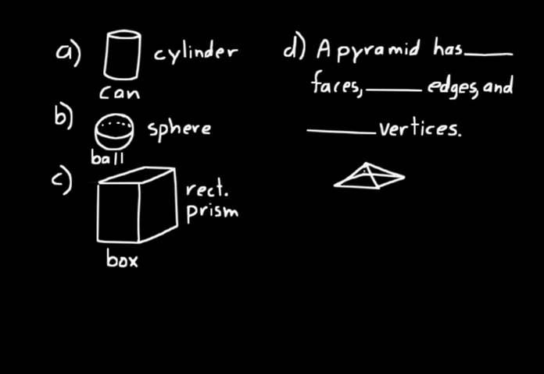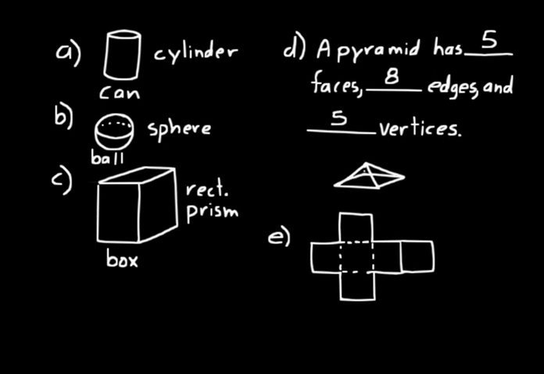Some of those are hidden from your view, but you should be able to realize that you would have 1, 2, 3, 4 triangular faces and then that bottom rectangular face. So there are 5 faces, and you would have 8 edges and 5 vertices.